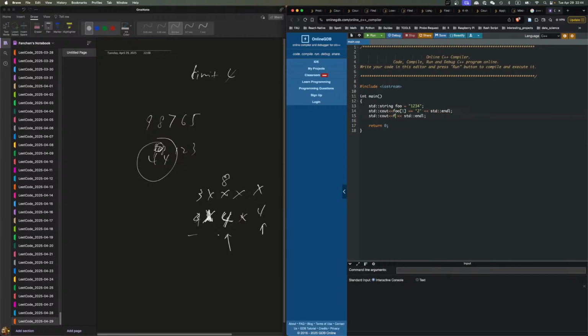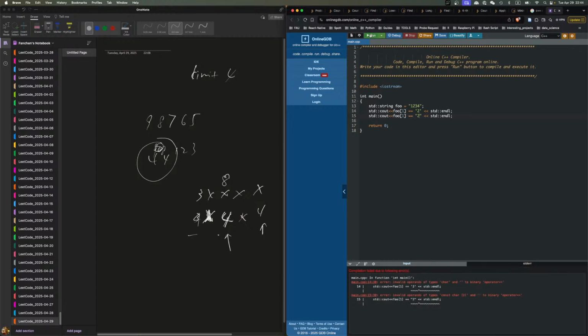Or foo 1 equal to a string 2. Invalid between... Yeah, there's some precedence, which is okay.